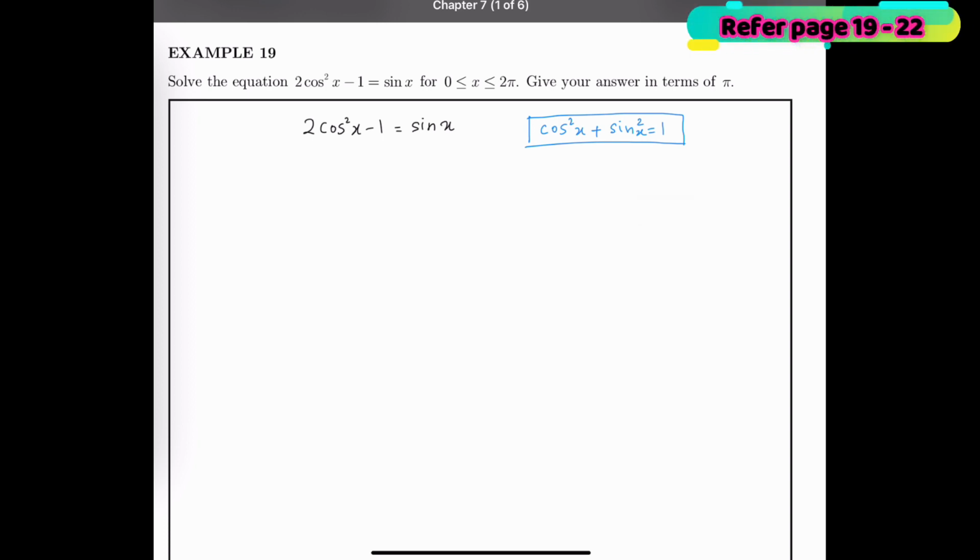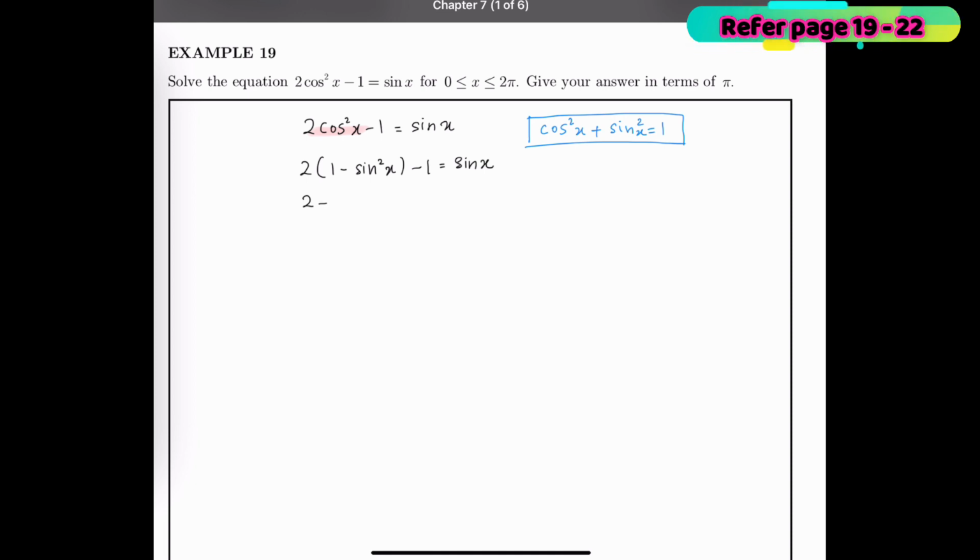So we have to replace cos square x by substituting with 1 minus sine square x.